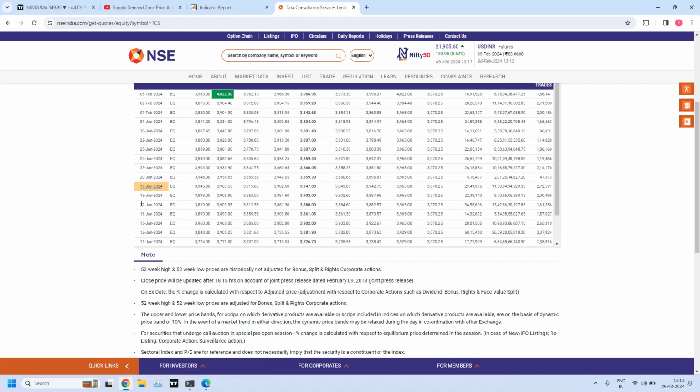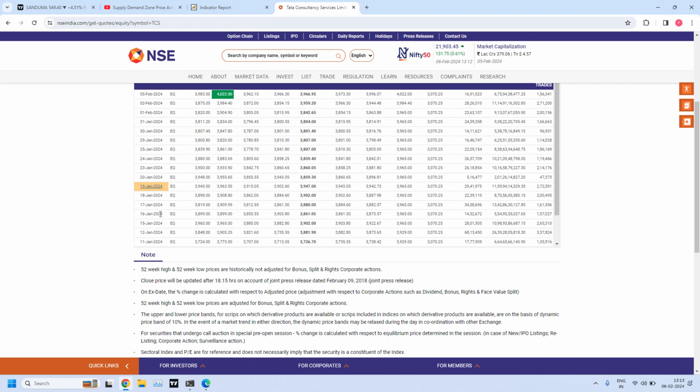What has NSE done? NSE has already adjusted this data. On 19th they adjusted, and the market followed that adjusted data, and from 19th onwards we are all using based on that. But NSE did not adjust the historic data, that is before 19th, 18th, 17th, 16th, 15th. Only on 19th they adjusted.